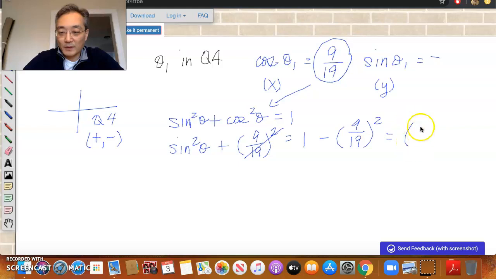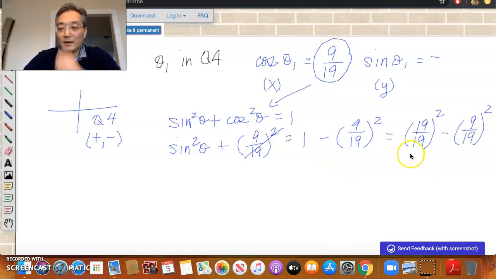Look what I'm going to do. I'm going to say this is going to be 19 over 19 squared. Does everyone agree that 19 over 19 is 1 and 1 squared is 1, so that this is equal to 1, correct? And then just minus 9 over 19 squared.